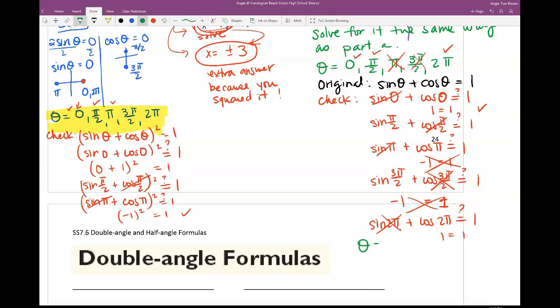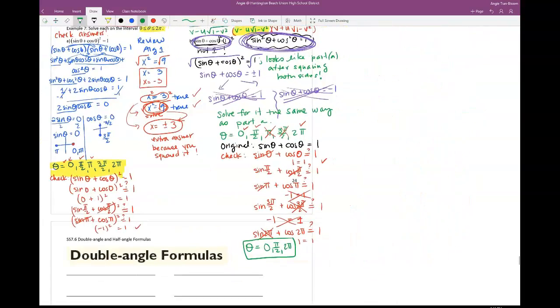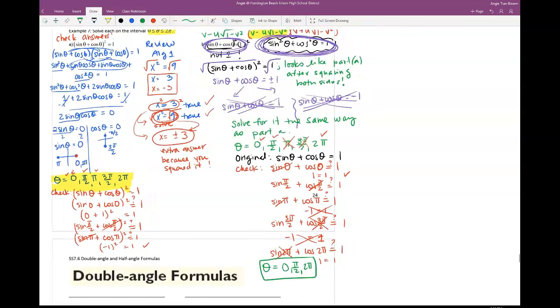What's going on with part B? There are only 3: 0, pi over 2, and 2 pi, and these are the only ones that you can keep. So let's see the difference, right? The difference is that in part A, we didn't have to square both sides. So that's why there were no extra answers.